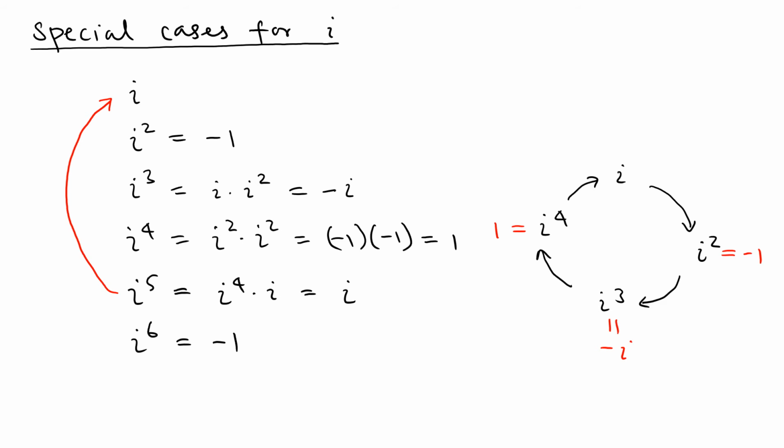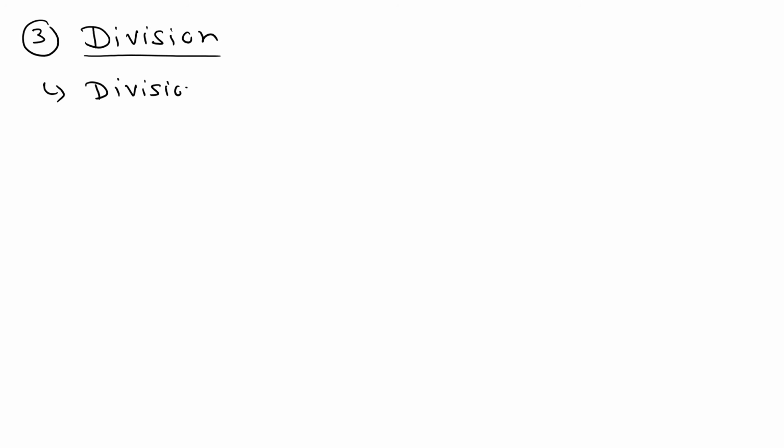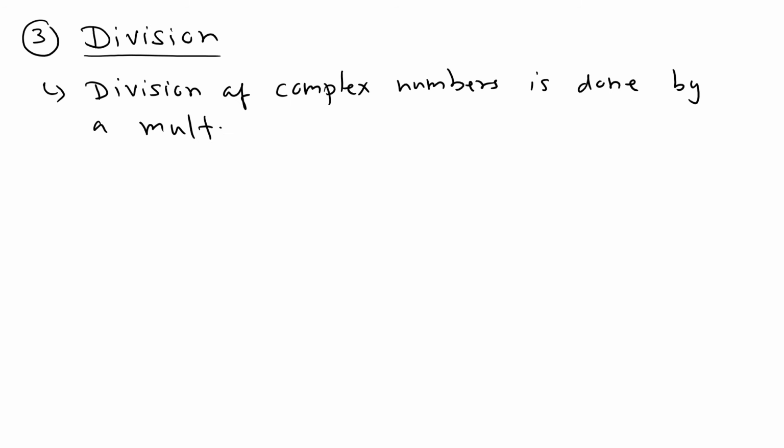Okay, let's see how we can divide now. So the division. In complex numbers, the division is done as a multiplication. So division of complex numbers is done by a multiplication.